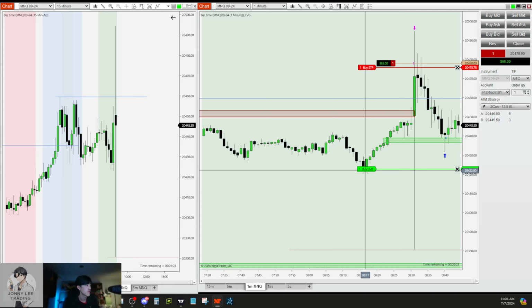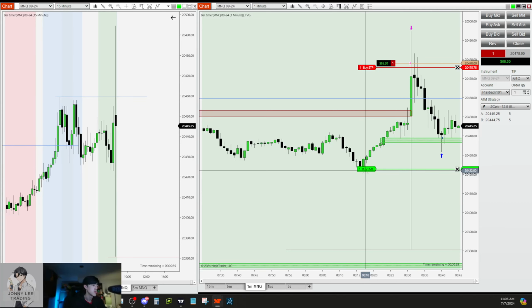I'm looking for a specific move lower before New York Open, and I'm hoping that this gives us a move lower so that we can treat it as a Judas swing in order to head higher for the rest of the day. So that's where we are right now.